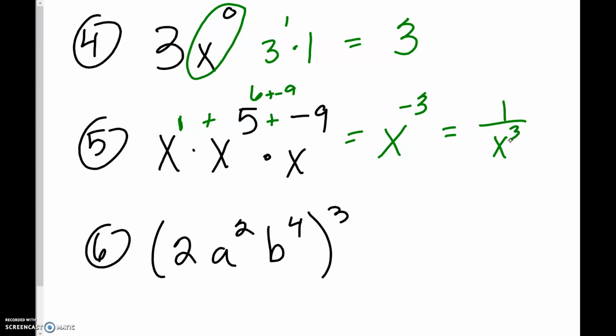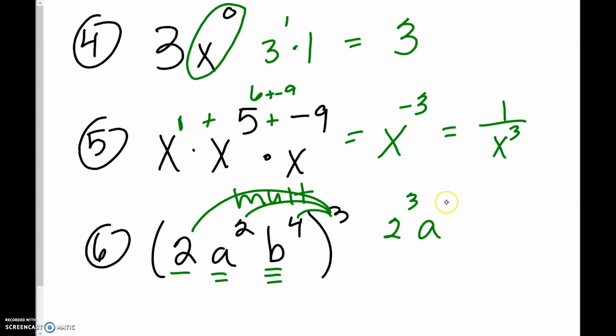All right, in this next one, we have to bring this 3 into everything. There's a 2, there's an a, and there's a b. There's 3 things, so you have to bring this in. When you bring this in, remember, we are multiplying. This is a power to a power. So we have 2 to the 3rd. A, 2 times 3 is 6.